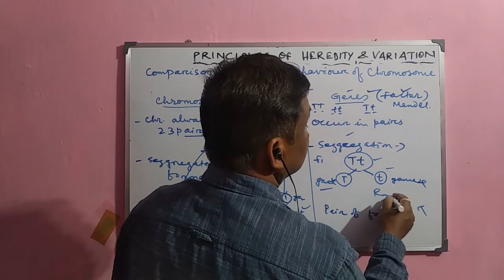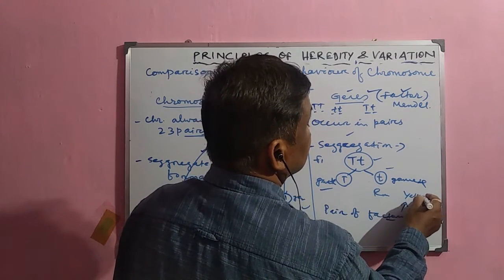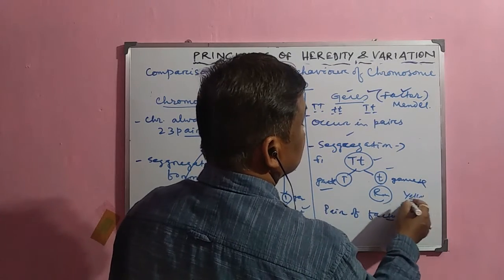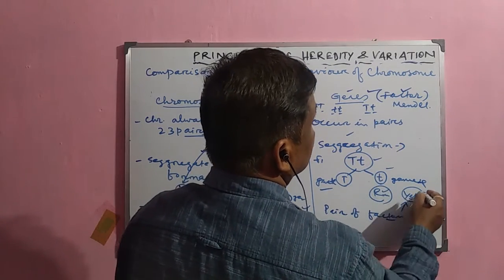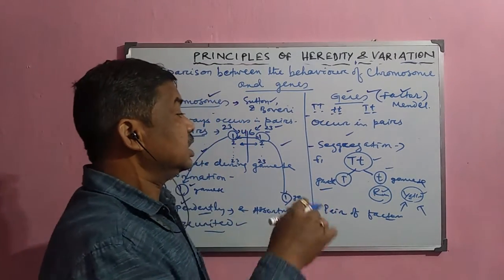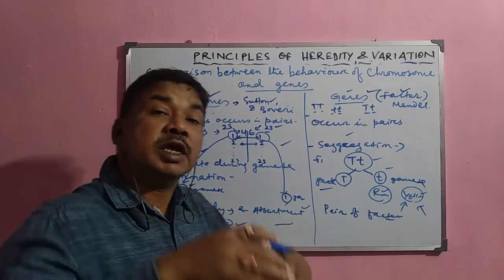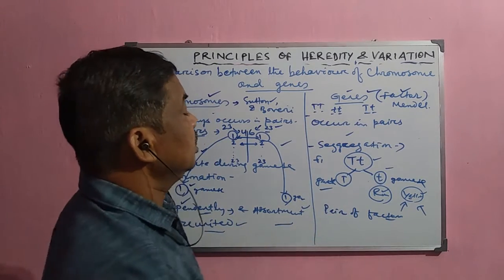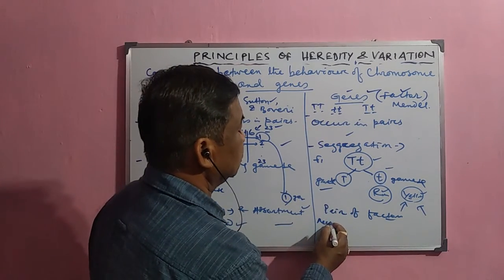Suppose it is round and it is yellow. These factors, here and here, are independent of one another. So they are randomly segregated and randomly reunited, so that new combinations are observed here.